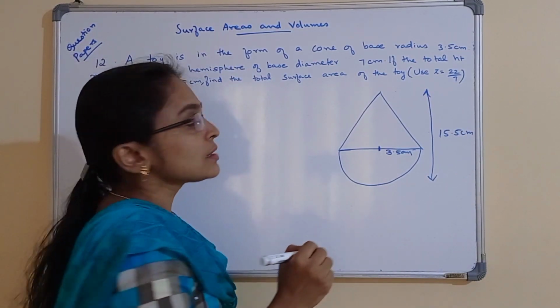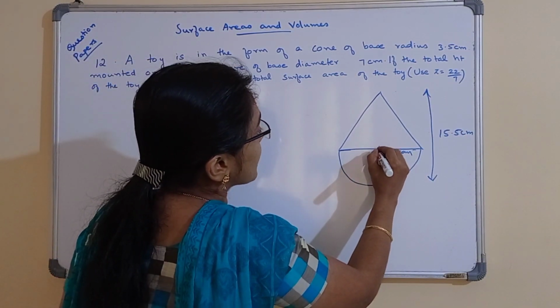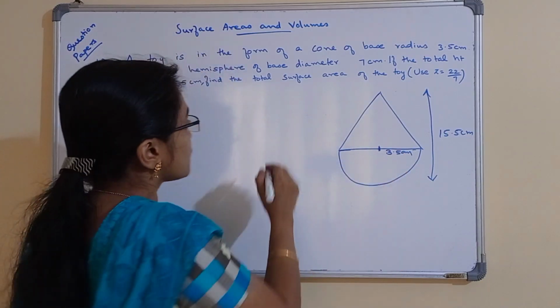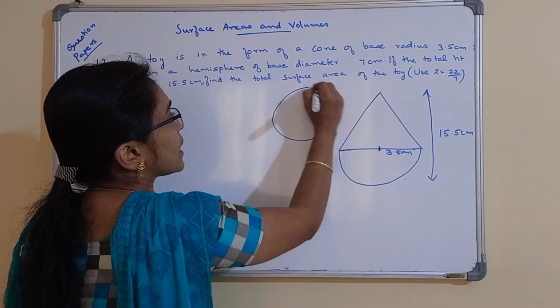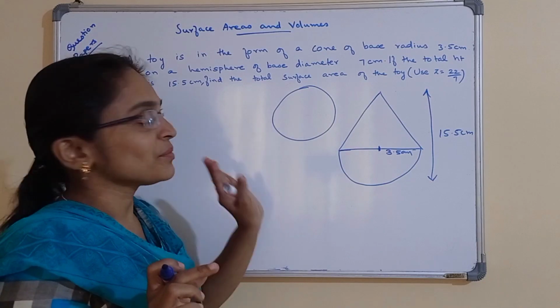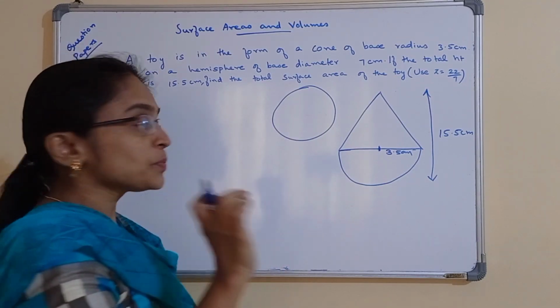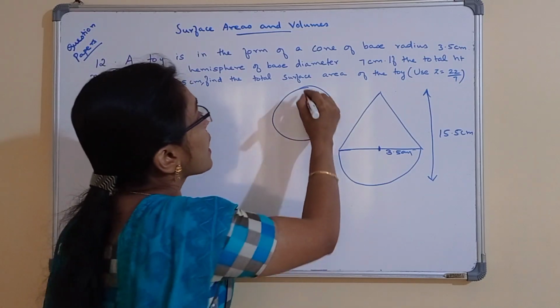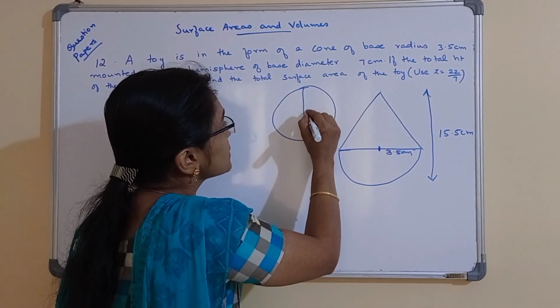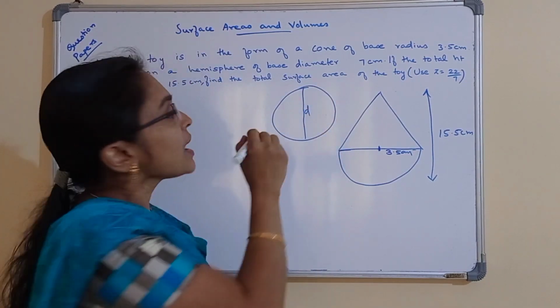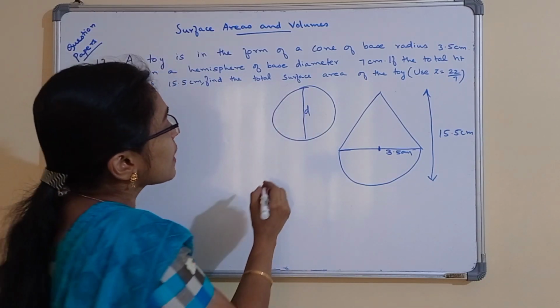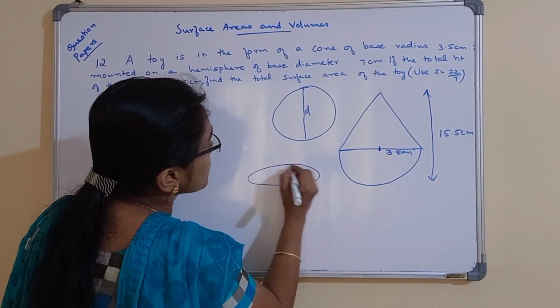That is the question. And here, we know that for a hemisphere, I am drawing a sphere. I can't draw a 3D shape, so I am drawing the sphere like this. For a sphere, height is its diameter, right? Now I am cutting this into a hemisphere.